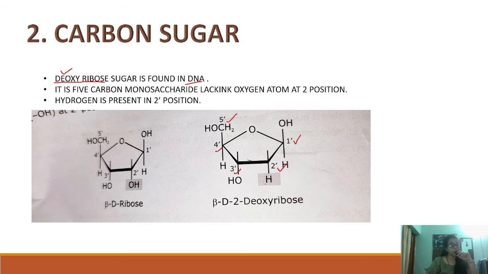Instead of that, what will be present? A hydrogen atom will be present. But in the ribose sugar which is present in RNA, OH is present. So this is the major difference between the carbon sugar of RNA and DNA: OH will be present in RNA, and in case of DNA, H will be present.